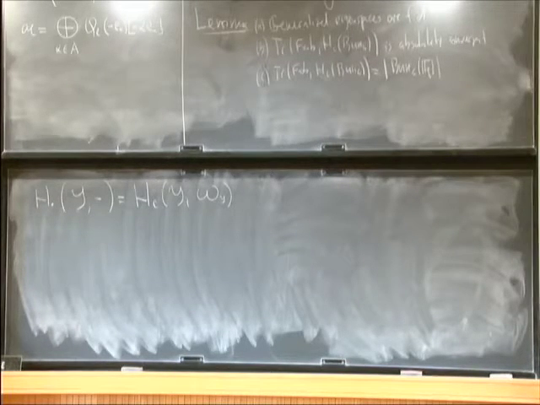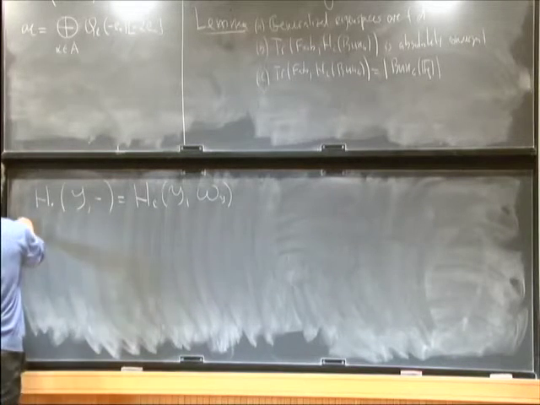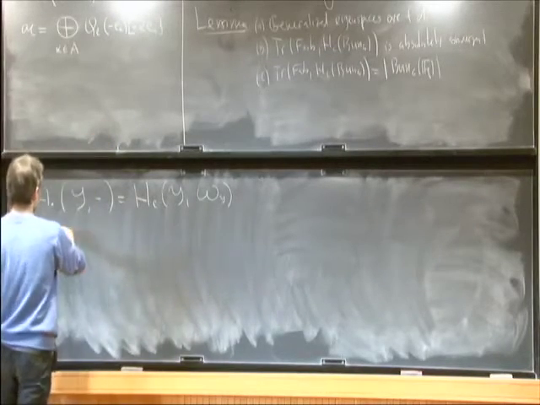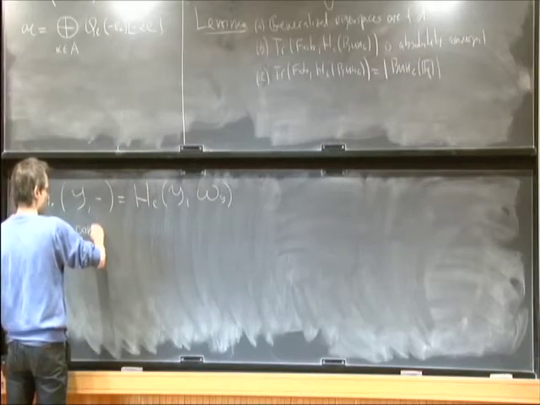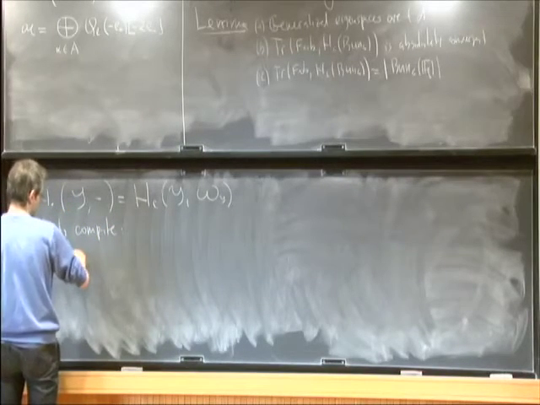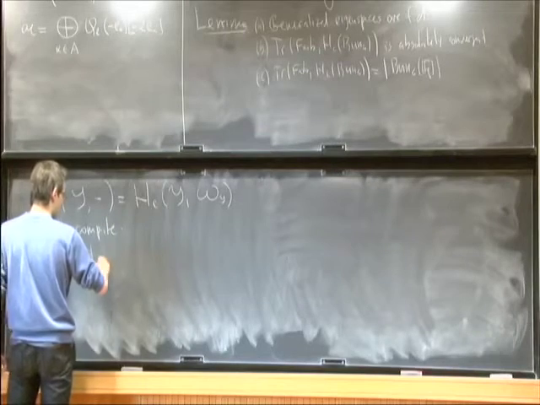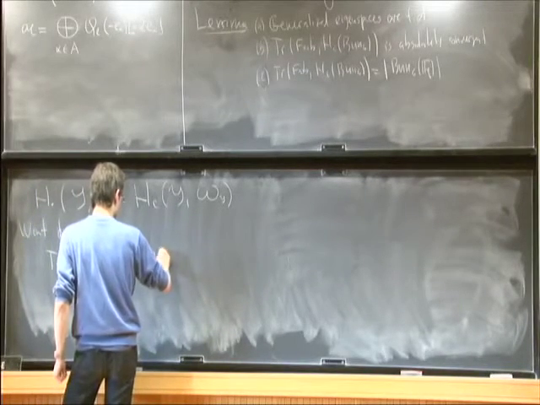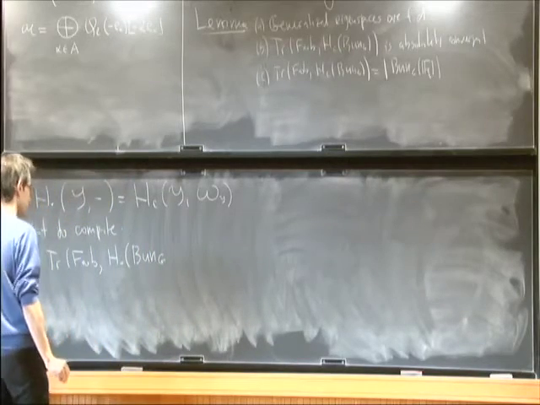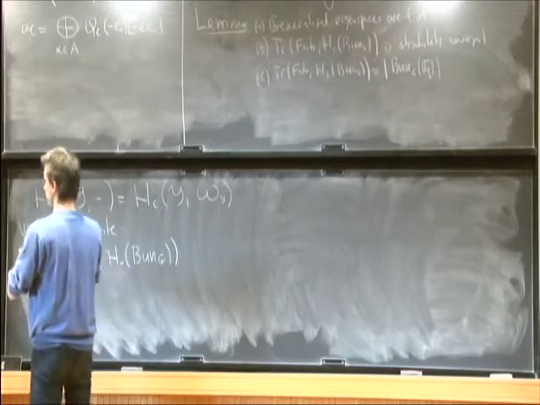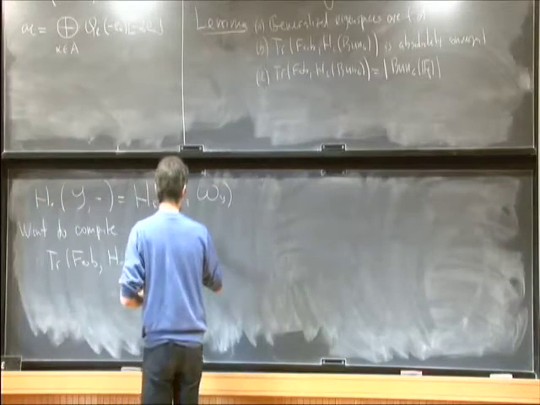And so that picks up exactly this number. So what we want to compute, because of this lemma, is the trace of the Frobenius on the homology of BunG. And what we want to show is that it's equal to this product.